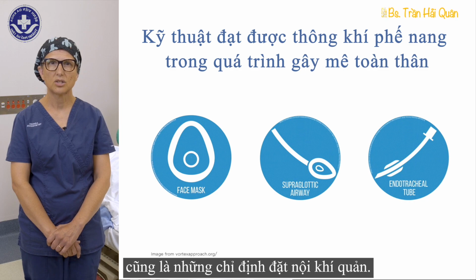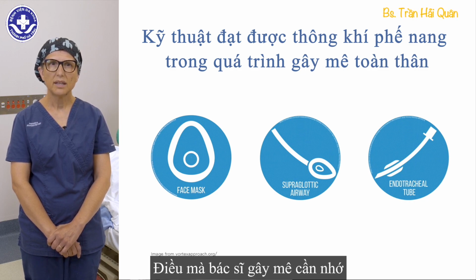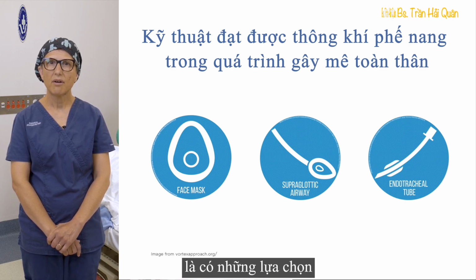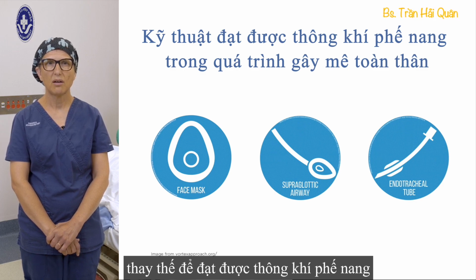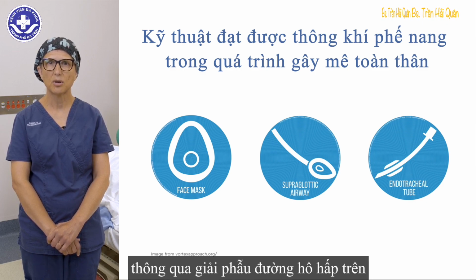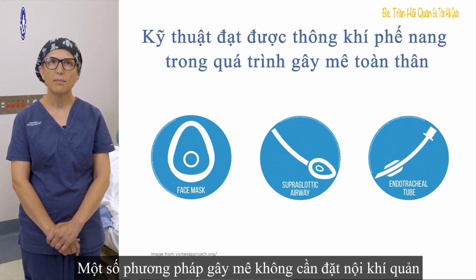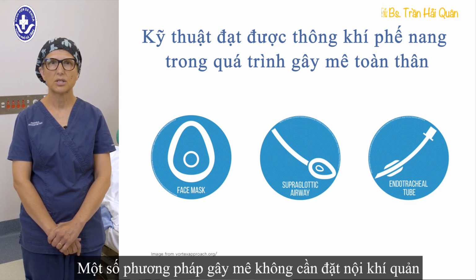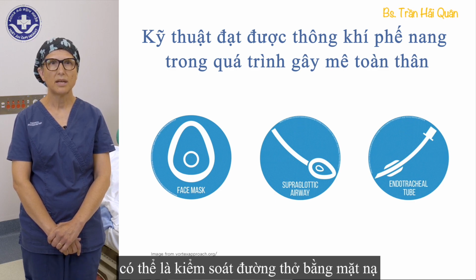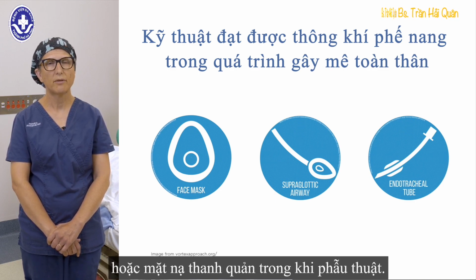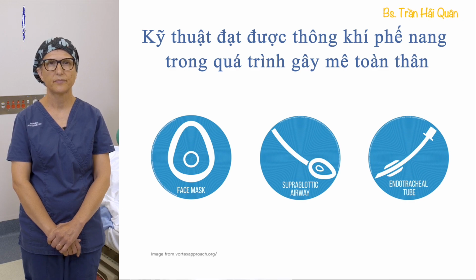Surgery of long duration, that is many hours, or the need for long-term ventilation, such as intensive care, are also indications for endotracheal intubation. What the anaesthetist needs to remember is that there are alternatives to achieving alveolar ventilation via the anatomical upper airway other than intubation. Some anaesthesia does not require intubation, and the plan may be to manage the airway with a face mask or laryngeal mask during surgery.